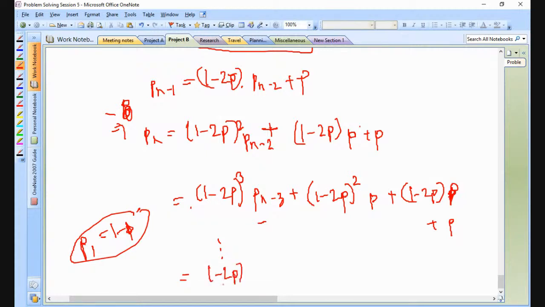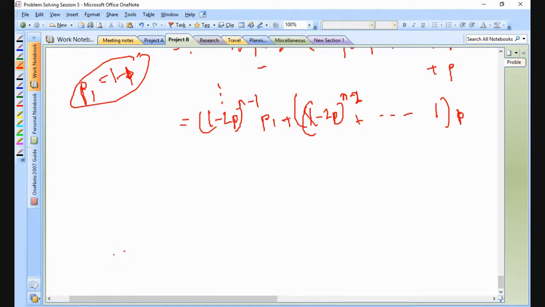We will continue till P1. See, n minus 3 and 3 add up to n, so it's like n minus 1 and P1, plus here it will be n minus 2, and P will be common.